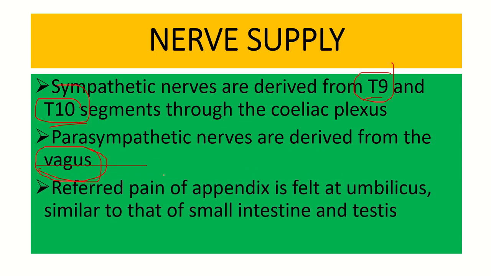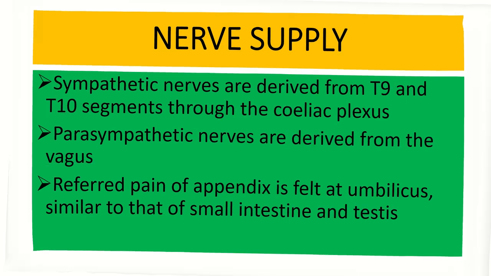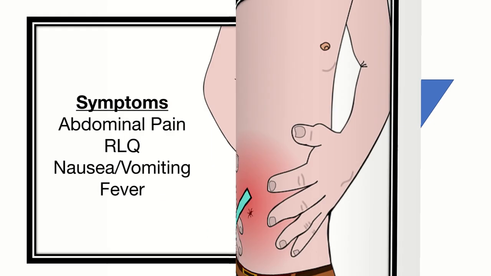And the referred pain of the appendix is usually felt at the umbilicus, because this is similar to that of the small intestine, and the umbilicus gets its innervation through the thoracic 10 segment. So usually the first pain is felt in the umbilicus, then it settles down in the right iliac region.